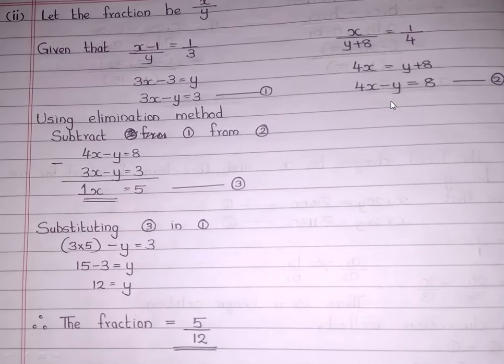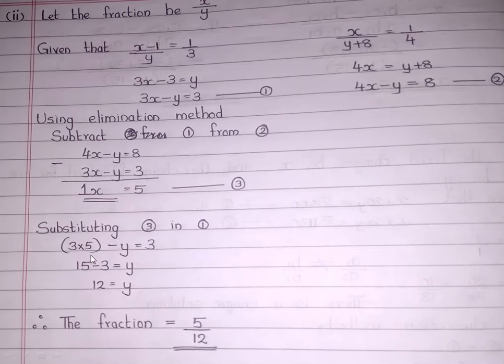So which method will you choose? You will choose the elimination method. It is easy for you to subtract. When you subtract the equations, you will get the x value easily. Here the x value is 5.